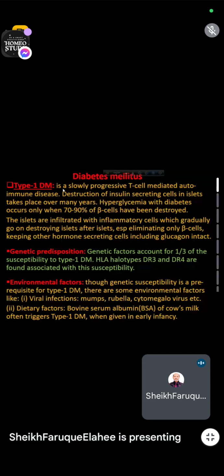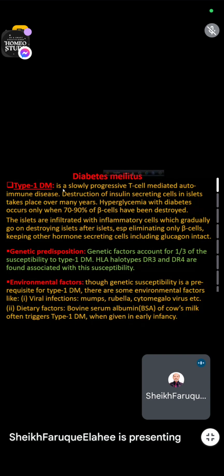Autoimmune disease means that by some inflammation, some infection of virus or bacteria, your body produces some immune cells. These immune cells are produced to combat the virus. But after the virus is over, these cells remain and they start attacking the cells of the person himself.